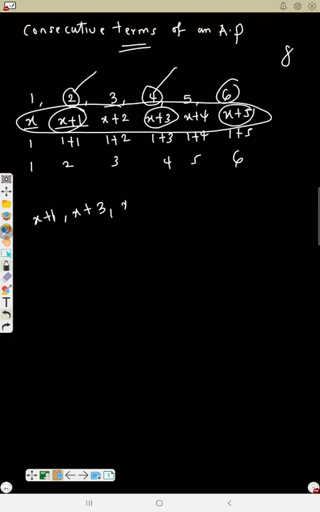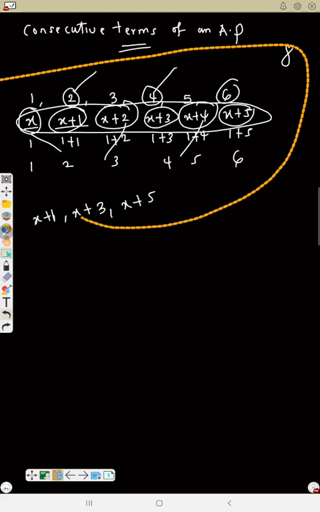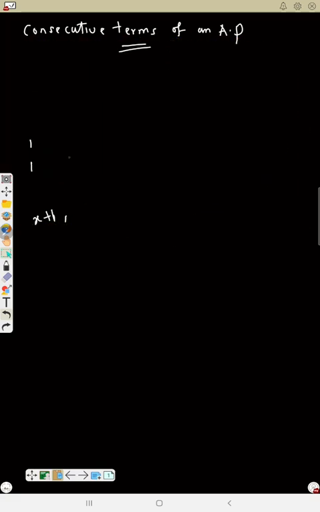Now consecutive odd numbers are also x, x plus 2, x plus 4, and like that. But in AP and GP, we have a different representation for consecutive numbers.